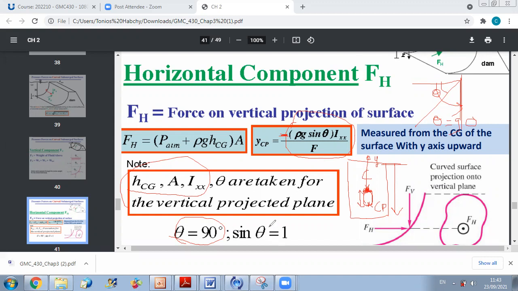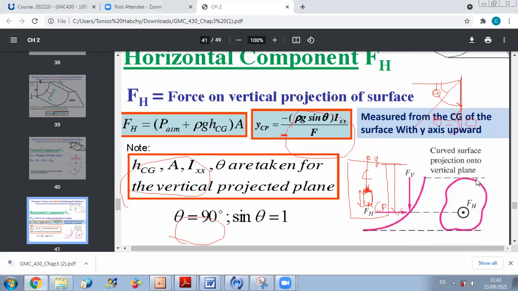Now, if the area is not rectangular, they should give us the projected area. For example, they can provide you with the following figure. This is our projected area, and we will proceed. As I told you, in general, we give you common surfaces, rectangular projection, triangular projection, any shape that will be easy to work with, okay?